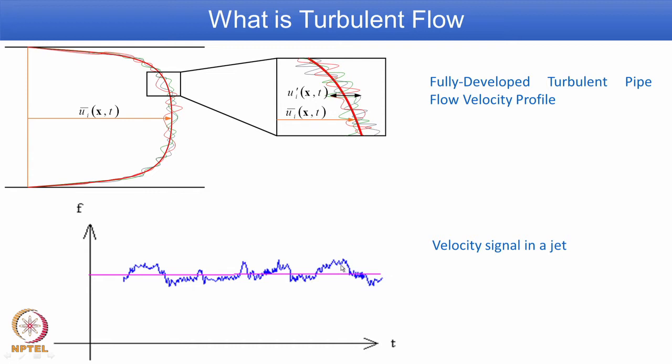For example, if you open a tap and you get a jet coming out, at the center of the jet if you insert any velocity pickup instrument and record that signal, this is how it will appear.